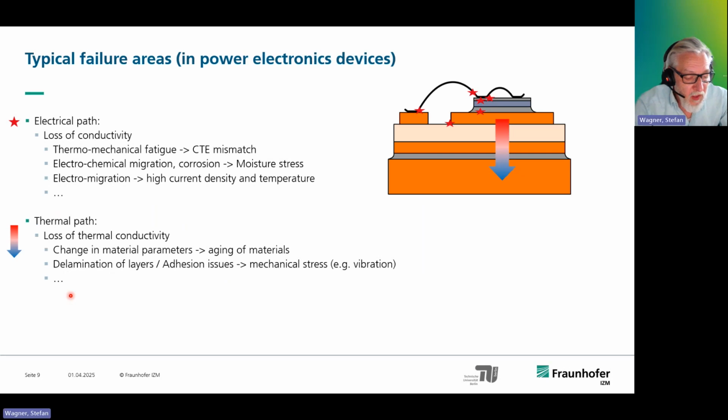If I have this in mind, here as an example are typical failure areas in power electronic devices. As an example, I will show you the typical failure locations on a symmetrically pictured power module.